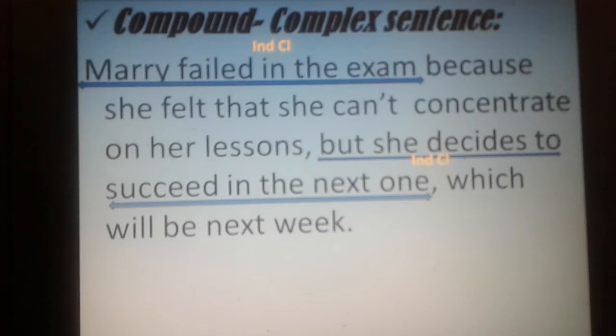As I explained, the difference between a dependent clause and an independent clause: a dependent clause gives us just extra information in the sentence. You can't rely only on a dependent clause in a sentence. There must be an independent clause, which is an essential element in the sentence, plus dependent clauses, which are either an adjective clause, noun clause or adverb clause, and they give us additional information in the sentence. So here, Mary failed in the exam, but she decides to succeed in the next one.